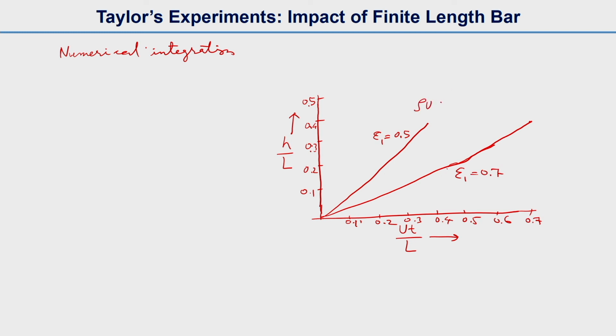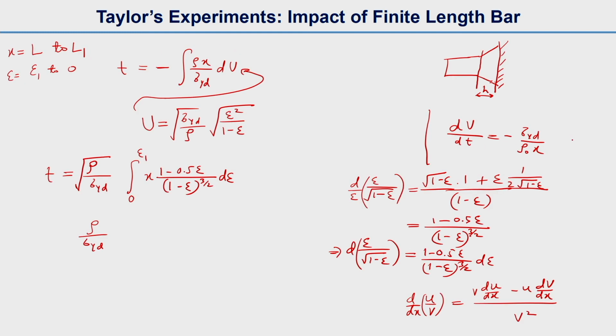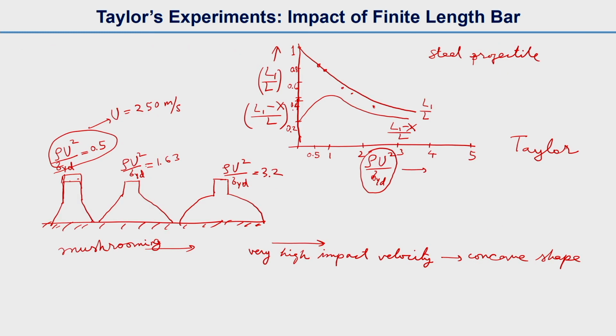So the value rho u square by sigma yd is 0.5 as we discussed, and this is the actual end state here. So it will end here. So rho u square by sigma yd, it is 1.63, that we have earlier even shown, the same ratio we are taking here.